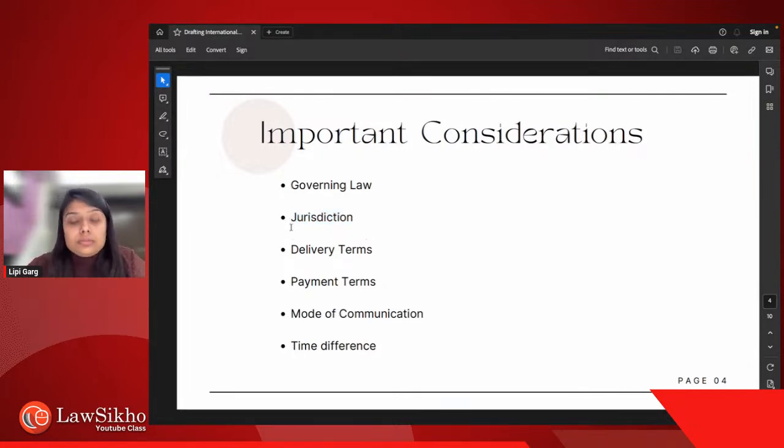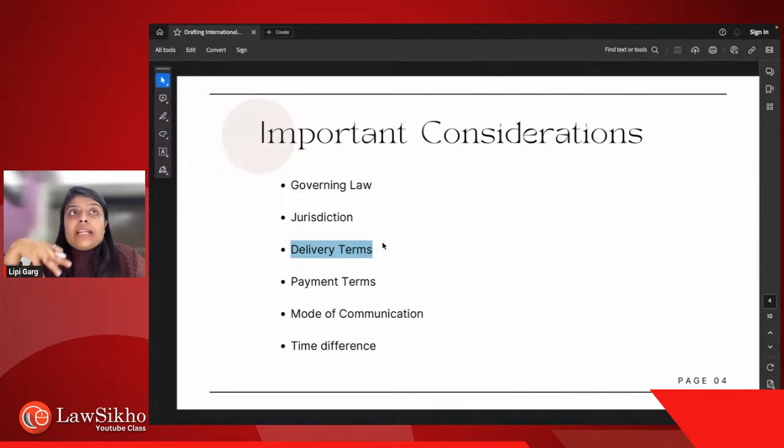Then the delivery terms. Now let's talk about a situation wherein you are an Indian trader and you go to China to import stuff. In this particular case, this is a sale purchase agreement that will happen between both the parties.